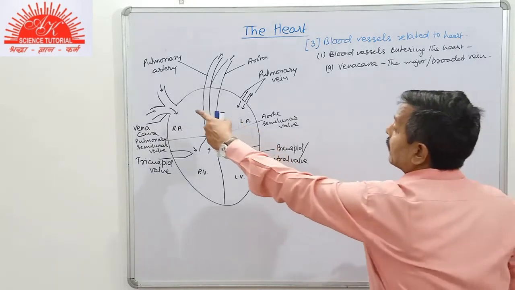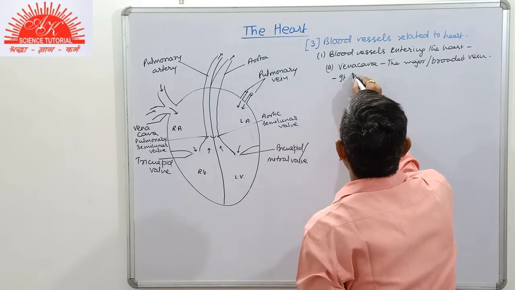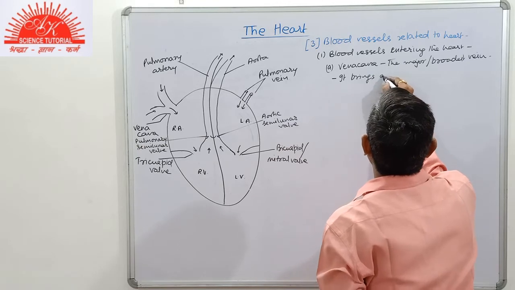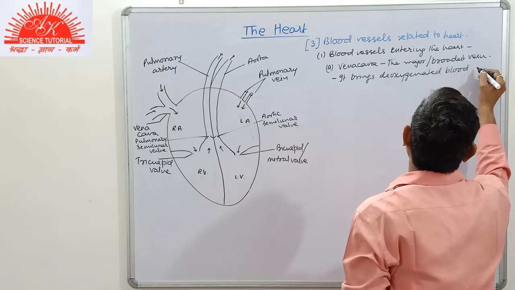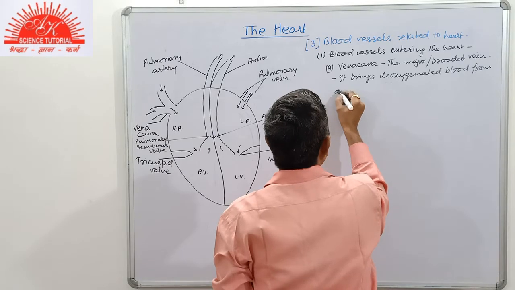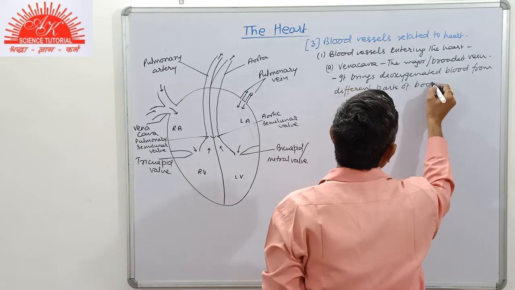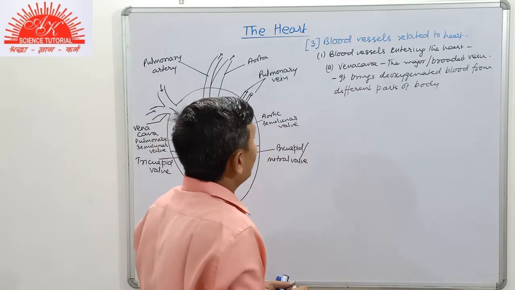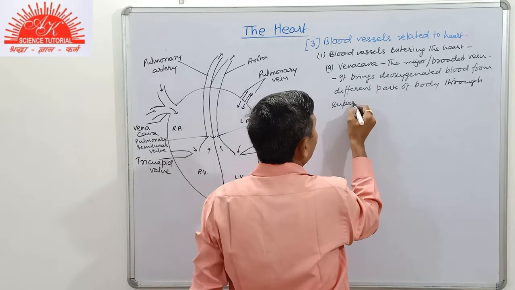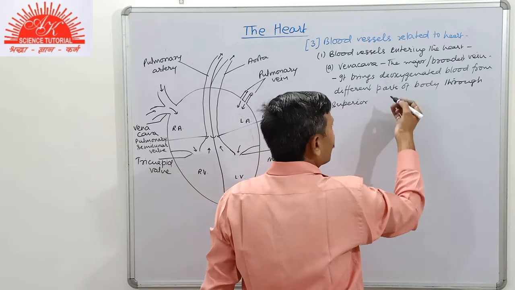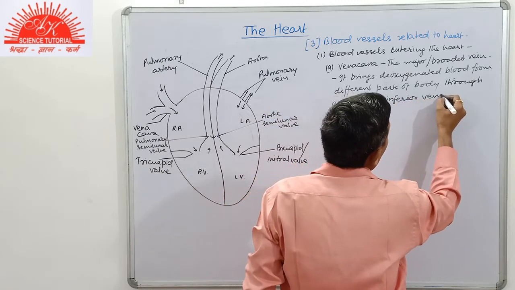It has 2 parts: the superior vena cava, which brings deoxygenated blood from different parts of the body, that is from the upper part, and the inferior vena cava.